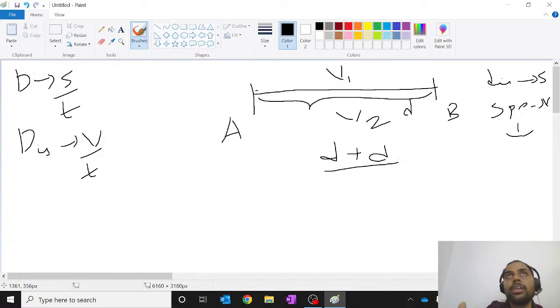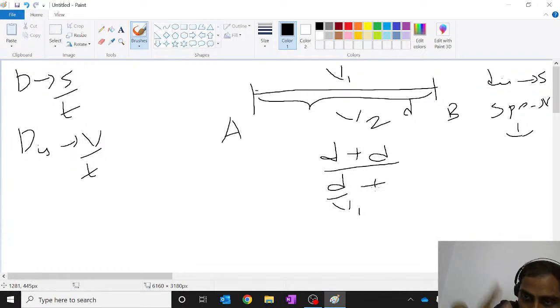I know the speed traveled between A to B, so the time is d by v1, plus the time taken traveling from B to A. Obviously, the velocity is different, so the time taken will be different. Therefore, it is d by v2. While distance is nothing but speed by time, time is nothing but distance by speed. Correct? As simple as that.